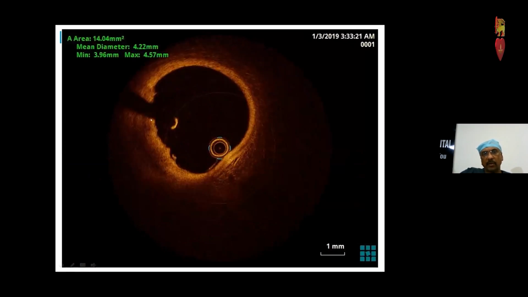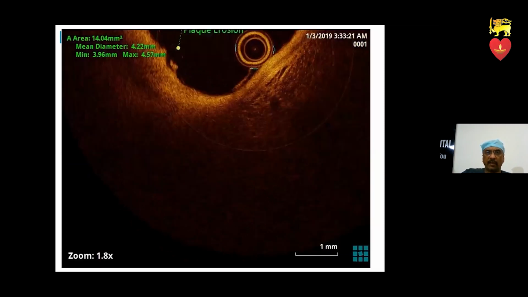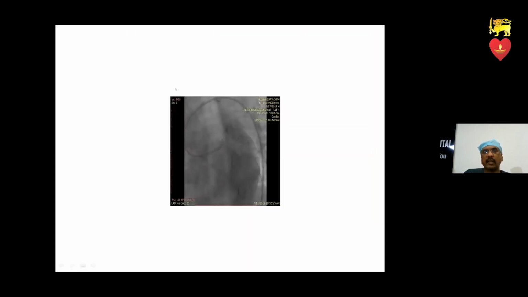And this is a plaque erosion, which is very clearly seen on OCT. This you will never be able to see on IVUS. This is a plaque erosion, and this actually justifies leaving this patient alone. We may have done this without seeing OCT, but having seen OCT, it gives a very, very clear idea of what happened.